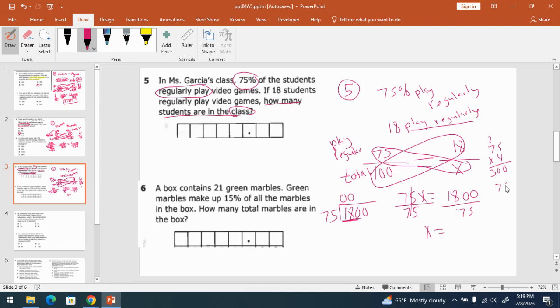So let me try 2. 150, that's better. Let me try 3 just in case. I know it's not 3, but just so you can see that it's okay to. This is called guess and check. The best one would be 2. So times 2 would be 150.